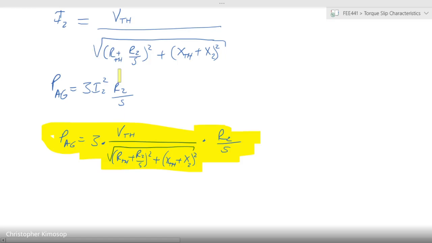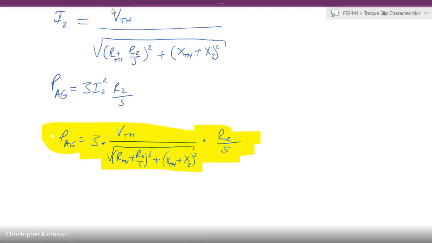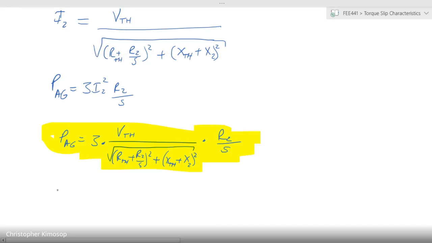And because now we have our air gap power, we can still therefore use our induced power formula.